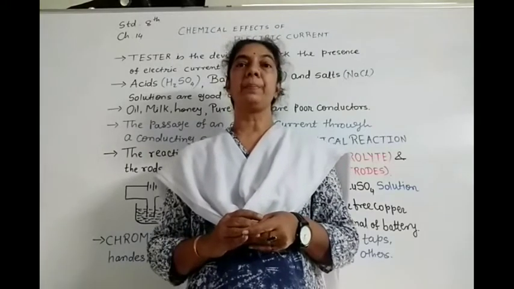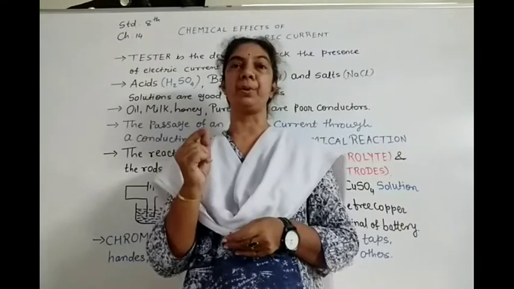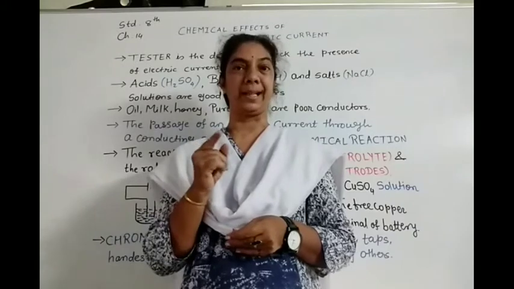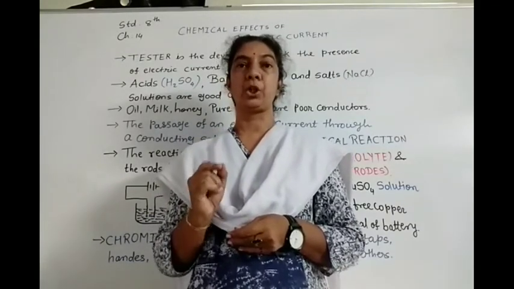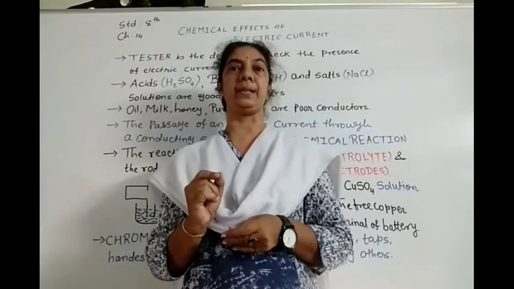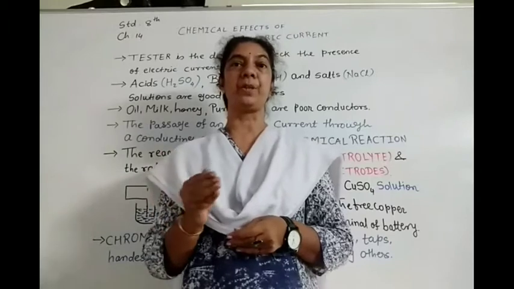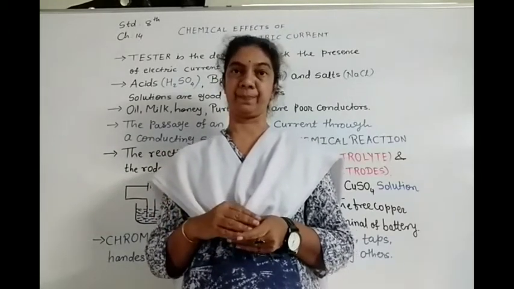The magnetic compass has a needle, and if it is brought near the electric current, that needle is deflected. The deflection of the needle shows that the liquid which we are using is a good conductor of electricity.